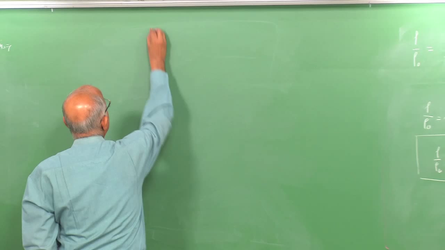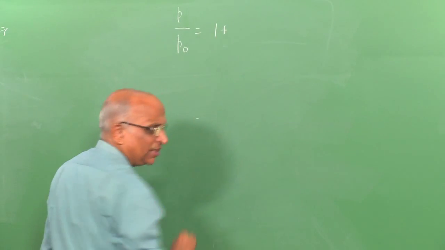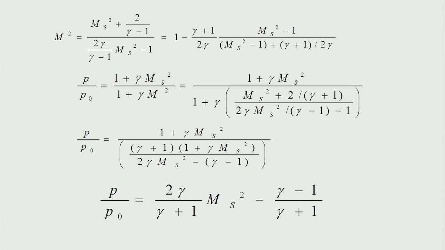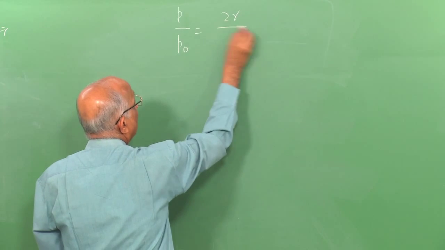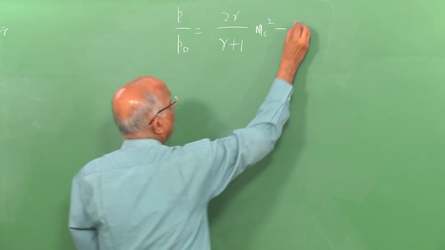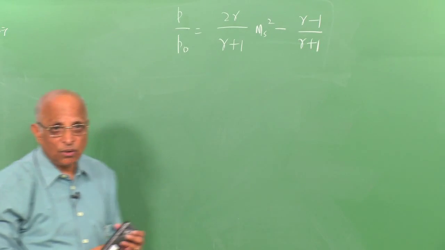We have p by p 0 is equal to, what was the expression we had? P by p 0 is equal to, as Mach number increases, the p by p 0 increases, 2 gamma divided by gamma plus 1 into ms square minus gamma minus 1 divided by gamma plus 1, you will recall this.